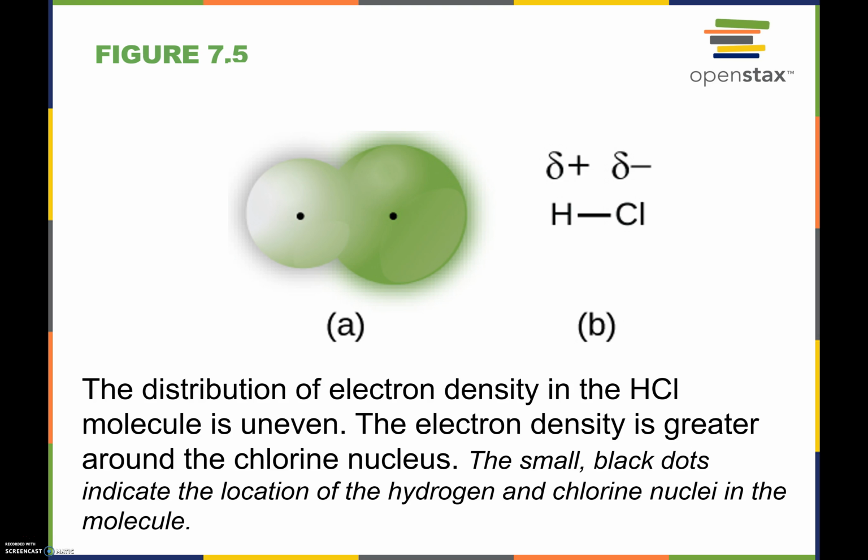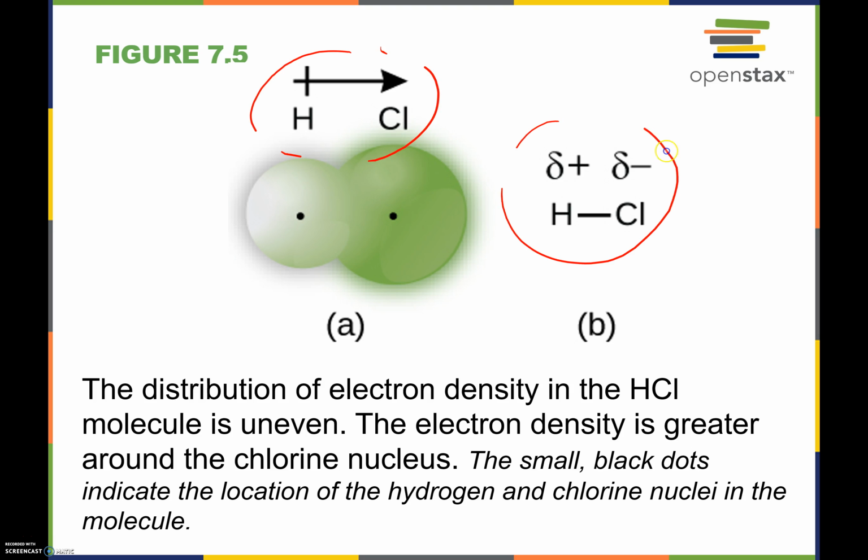Another good way to show polarity is this arrow, and you're going to see it more likely this way in a minute, but these two mean the same thing. We draw a plus here, and it's like in physics: the length of that arrow is significant.